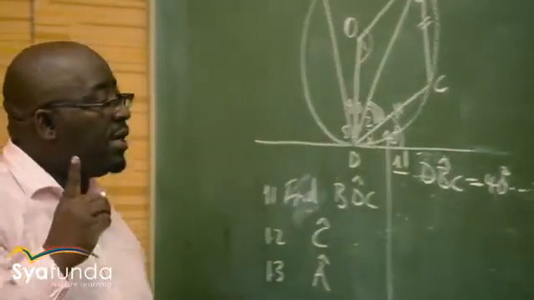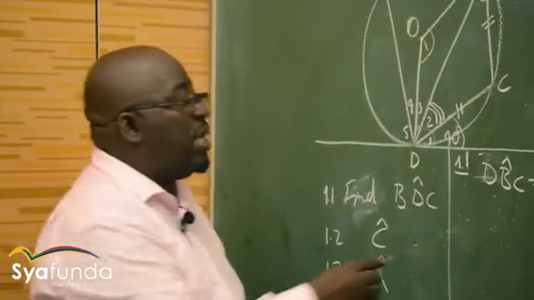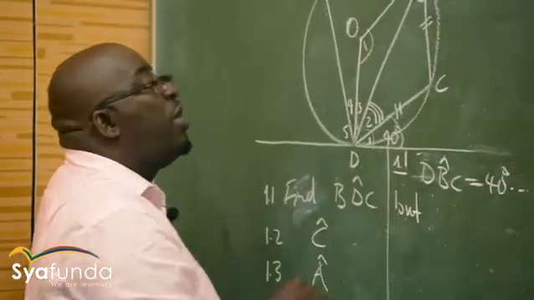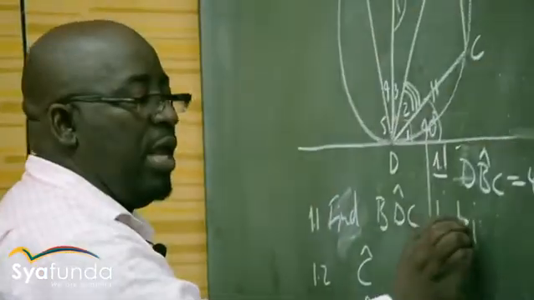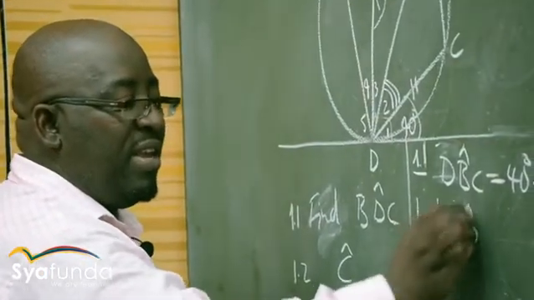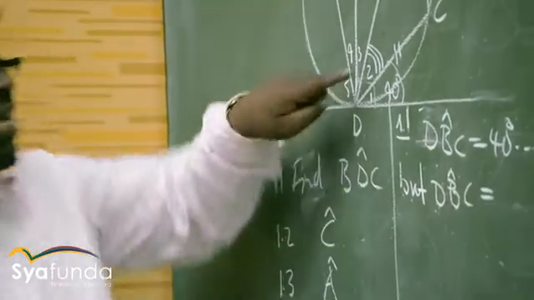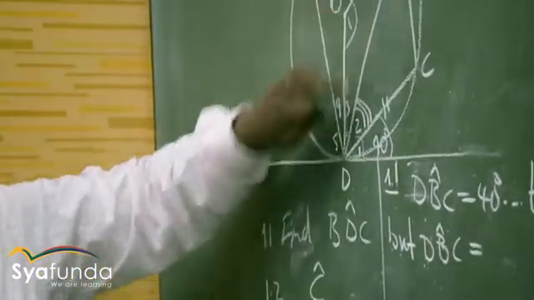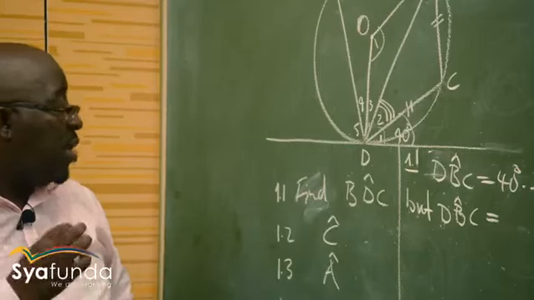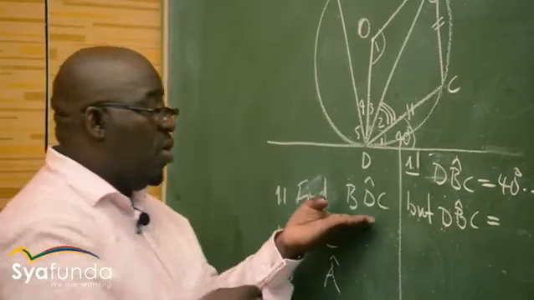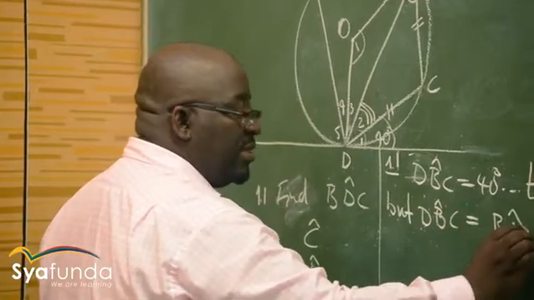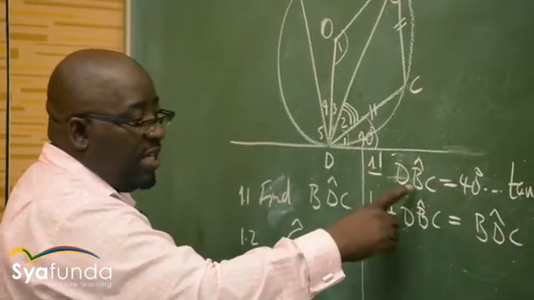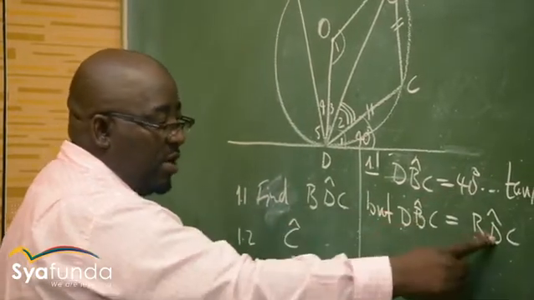Right. Now that we know that, angle DBC is also equal to this angle, because these two are base angles of an isosceles triangle. So it is also equal to the angle that we're looking for, BDC. Now, if this is equal to 40 degrees and this is equal to that one, why are these two equal?